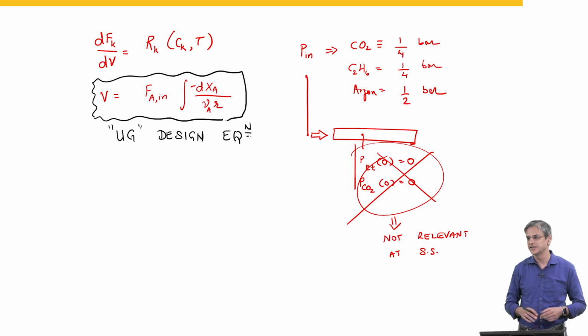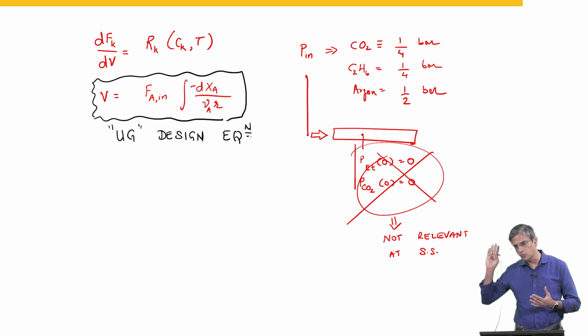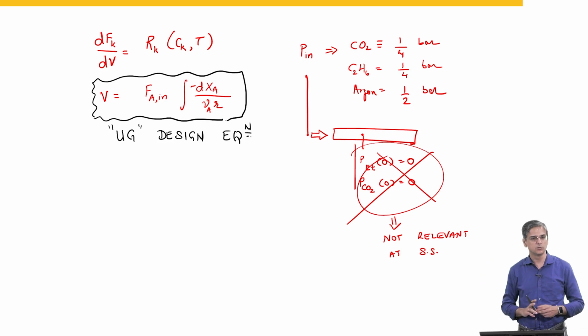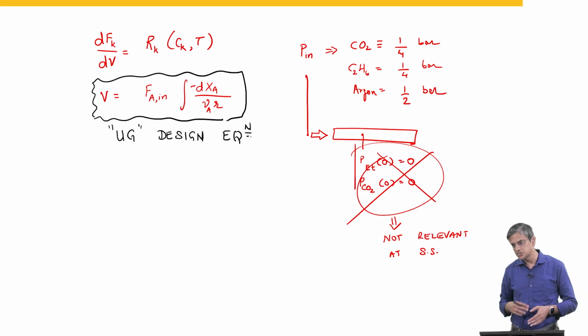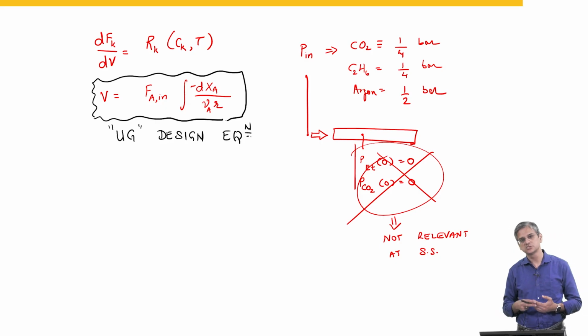I'm just trying to relate what we are doing here and the way we are generalizing for n number of species, NS species, NR reactions. If we were to take the special case of one single reaction, it will come down to your design equations. There are ways to get equations similar to design equations when you have multiple reactions also.